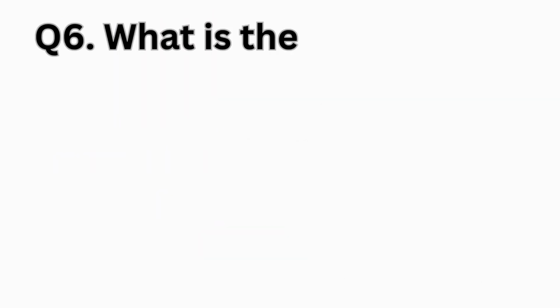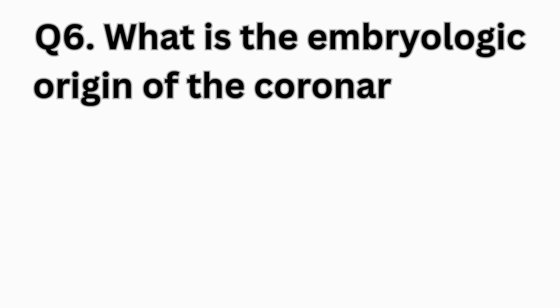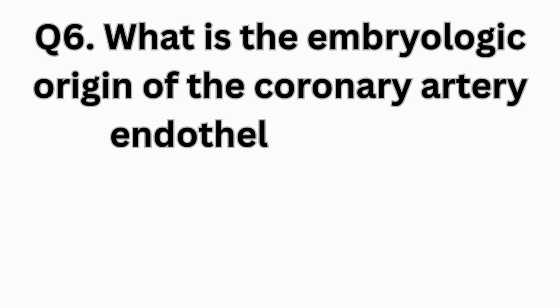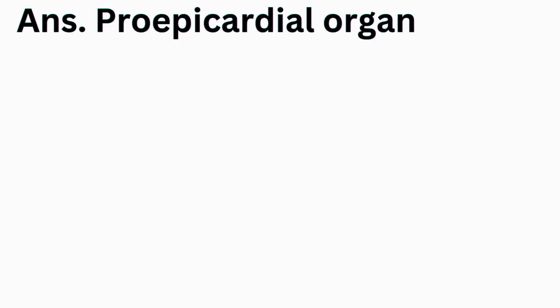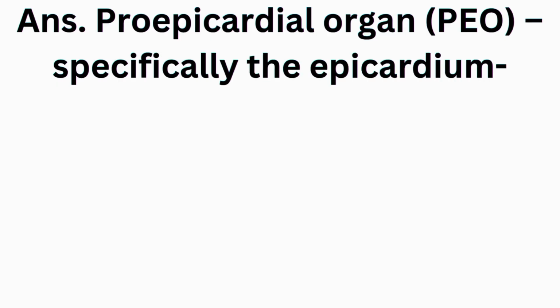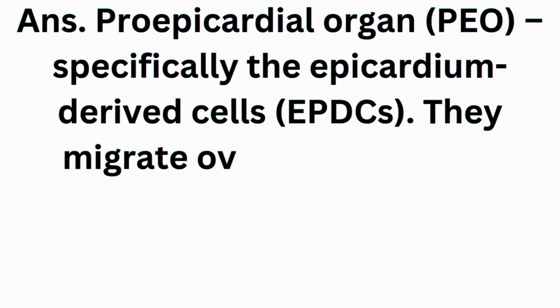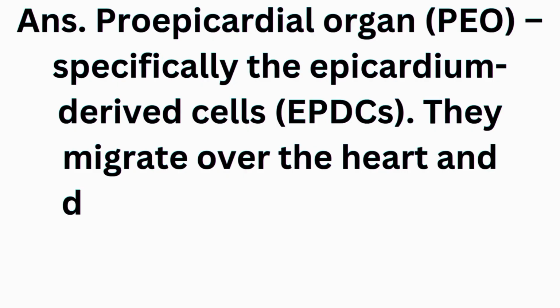Question 6. What is the embryologic origin of the coronary artery endothelial cells? You may now pause the video. Here comes the answer. The coronary artery endothelial cells come from the proepicardium organ, specifically the epicardium-derived cells.